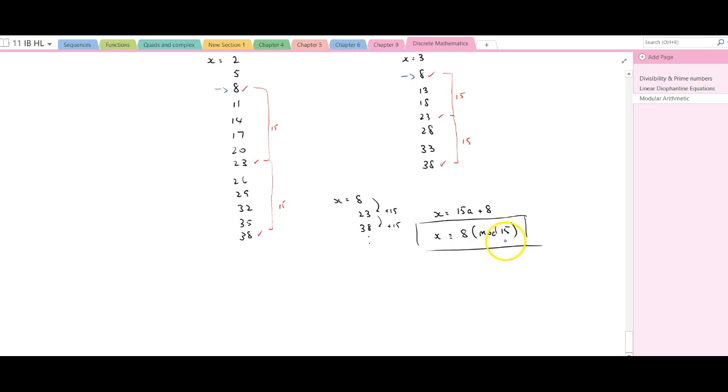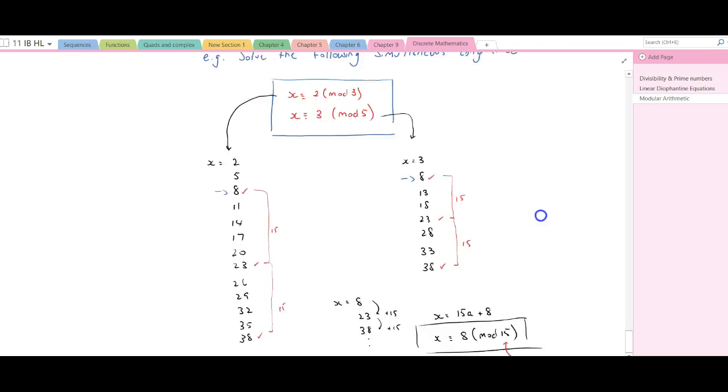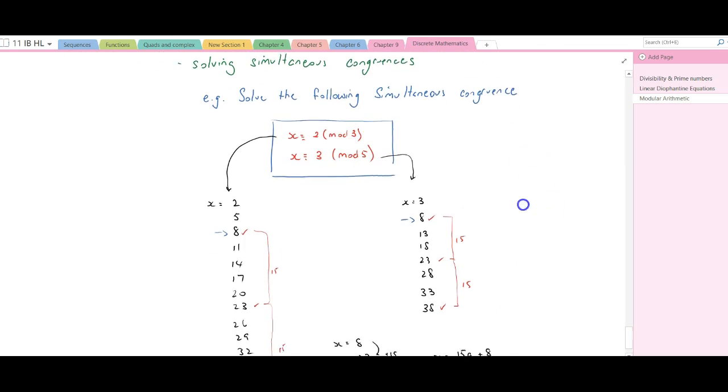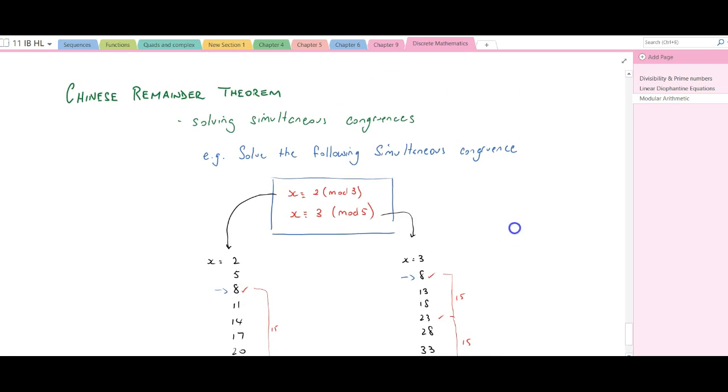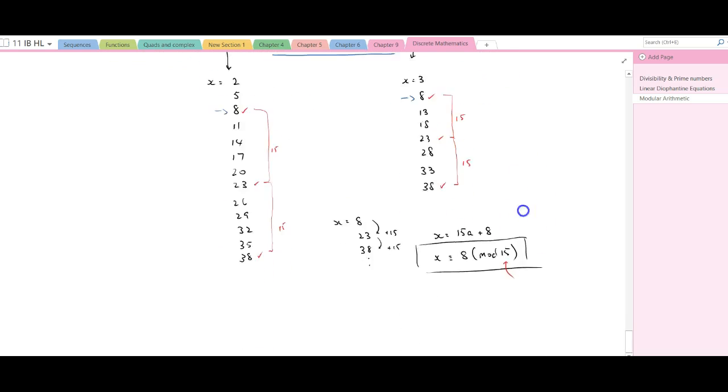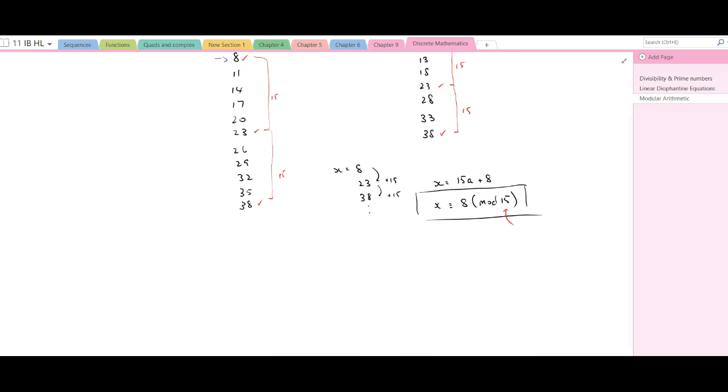Firstly, the modulus becomes 15 from 3 and 5. So if these are co-prime, then the Chinese remainder theorem tells us that our modulus will be the product of those two. So in fact, we can write the Chinese remainder theorem.